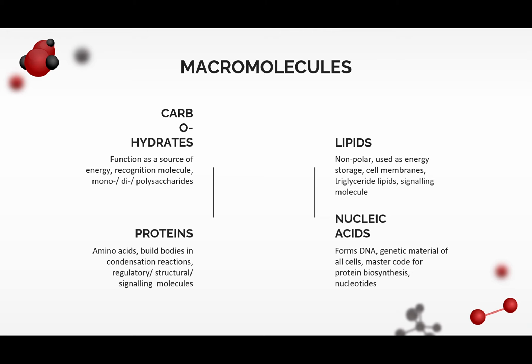And lastly, we have nucleic acids, which will be the topic of a larger subtopic within the IB curriculum. And nucleic acids are in all living cells and viruses, including the DNA. And they form the genetic material of all cells and determine inherited features of an organism. The DNA is the master code for protein assembly and is found in the nucleus, mitochondria, and chloroplasts.